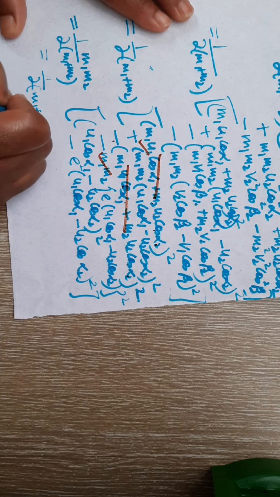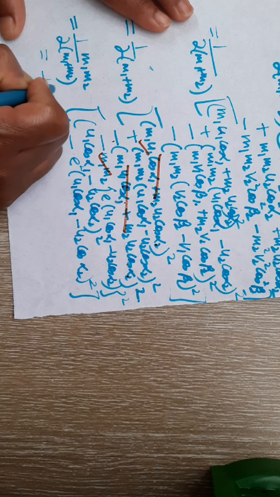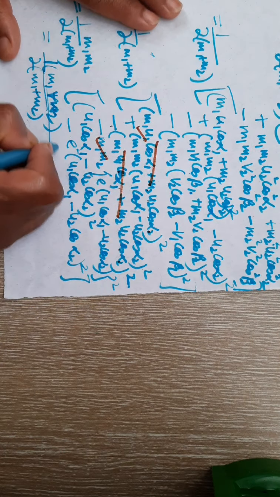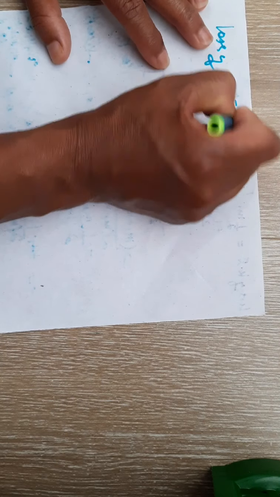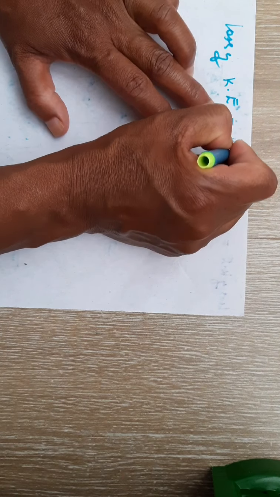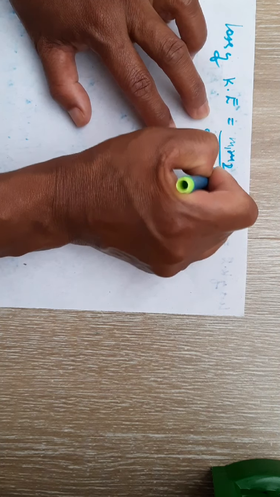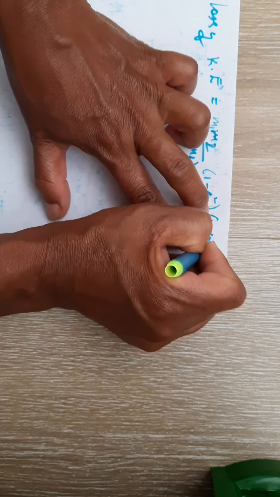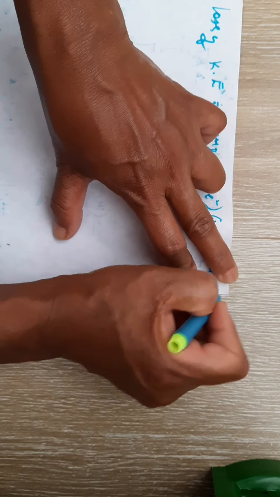The loss of kinetic energy now finally can be simplified as m1 m2 divided by 2 into m1 plus m2 into 1 minus e square into u1 cos alpha 1 minus u2 cos alpha 2 the whole square.